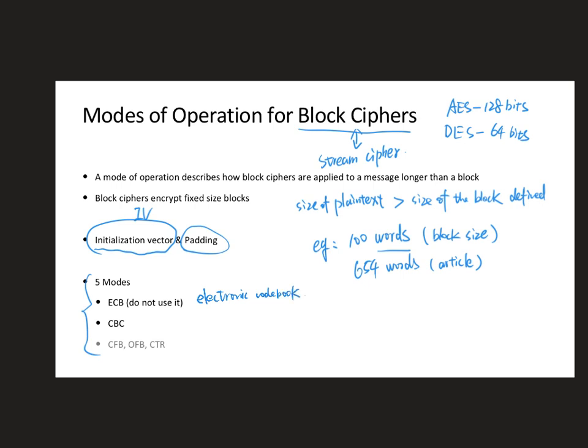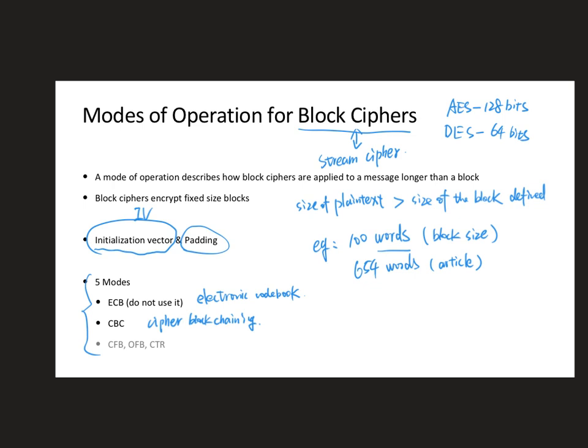But it has a very serious security issue, so do not use it. And we will see the reason later. Then it's the CBC, the cipher block chaining. CBC was invented in 1976.